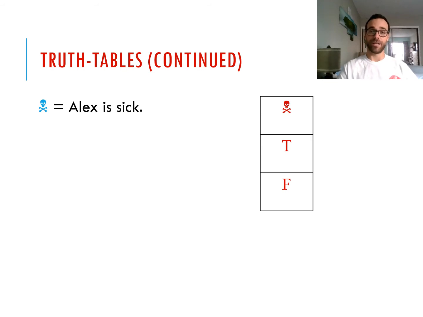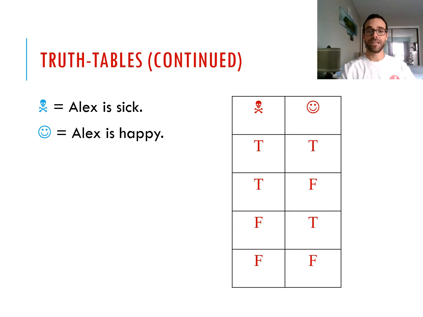Either it's true that Alex is sick, or we're living in a world where it's false that Alex is sick. So with a simple proposition, our reference columns will only have two rows, rows being horizontal, columns being vertical. So with a simple proposition, you have one column and you have two rows, each expressing a different state of affairs that can exist.